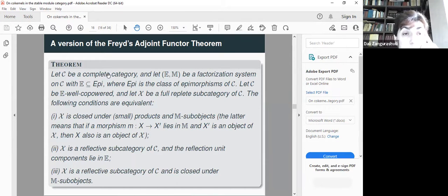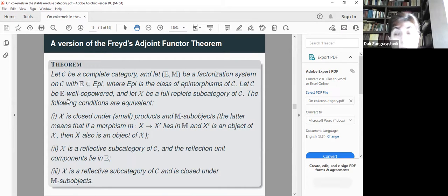The theorem is the following. Let C be a complete category, and let (E, M) be a factorization system on C, where E is any class of epimorphisms of C. Let C be E-well-copowered. By this, I mean the following. If we consider an arbitrary object and all morphisms with this domain, then on the class of all these morphisms we have the natural equivalence relation, and we consider the quotient of this class by this equivalence relation.